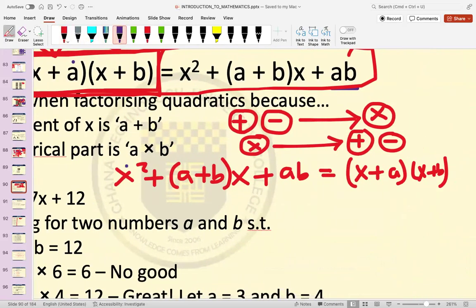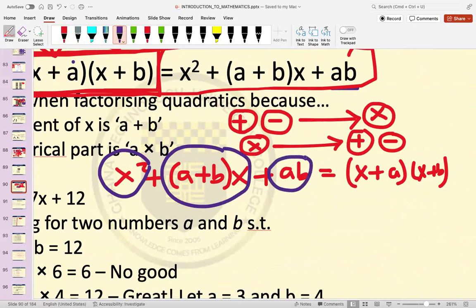So if you look at the three terms, this is the first term, this is the second term, this is the third term. And then we want the answers to become this way: x plus A, x plus B, meaning we want 1, 2, 3, 4 terms.